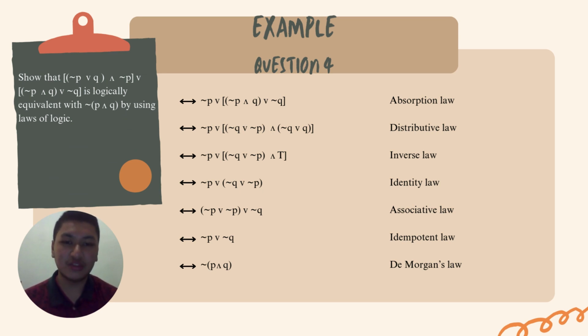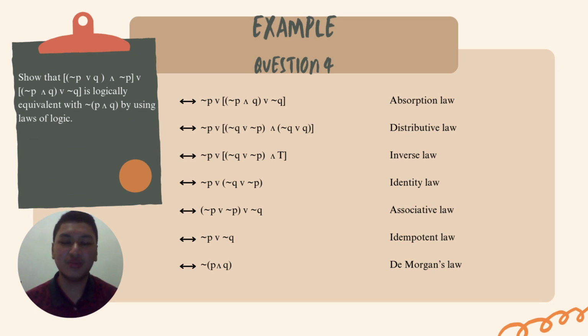After that, we can proceed with the idempotent law, which will simplify the statement in the bracket here. So it will become ¬P ∨ ¬Q. And for the last step, we can use De Morgan's law. For De Morgan's law, we just put the negation outside of the bracket.